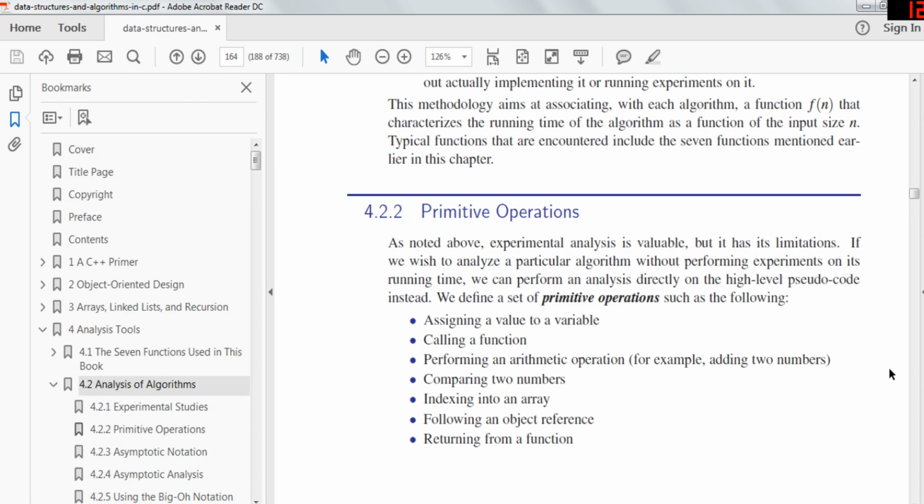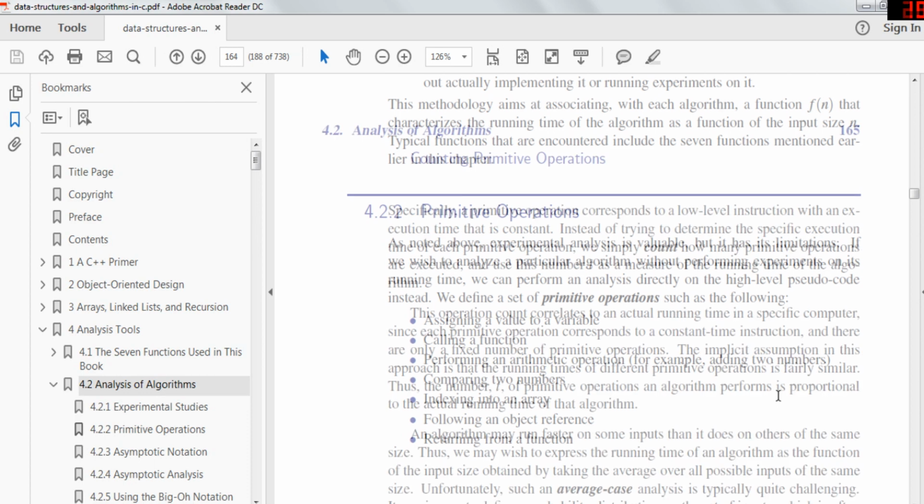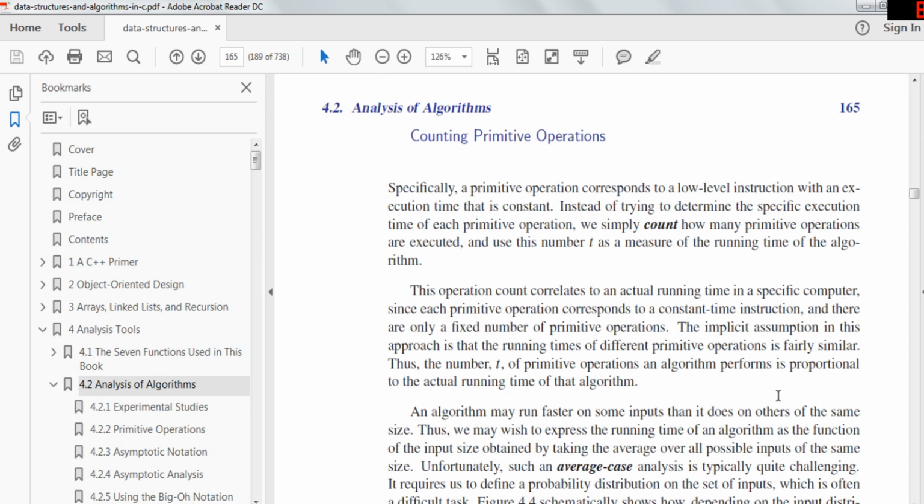So you could define a set of operations such as the following: assign a value, call a function, perform an arithmetic operation, compare two numbers, index an array, follow an object reference, return from a function. These are the primitive operations that the code can run. So what we're doing now is counting the primitive operations.